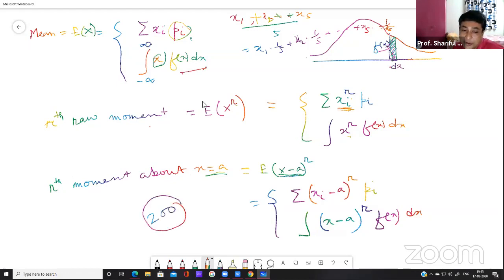Instead of predicting 200, around this 200 metric ton if I choose a range, let it be from 195 to 204, and predict within this range, obviously there is a greater chance that my prediction will be correct. So my job is to predict within an interval with high accuracy.